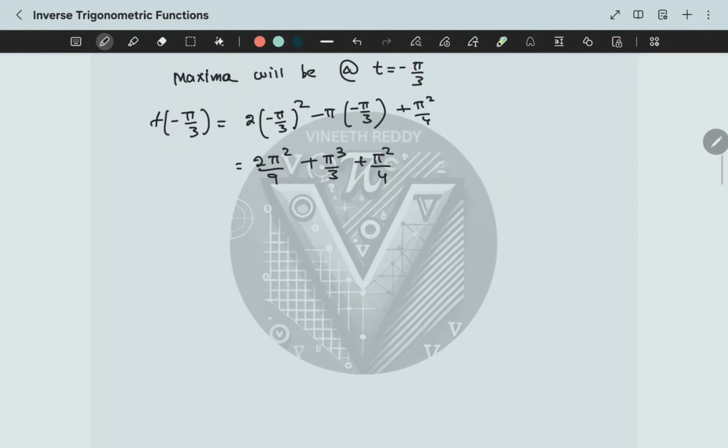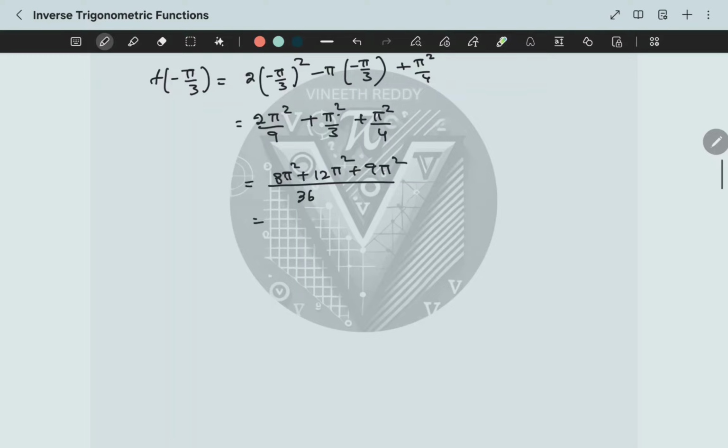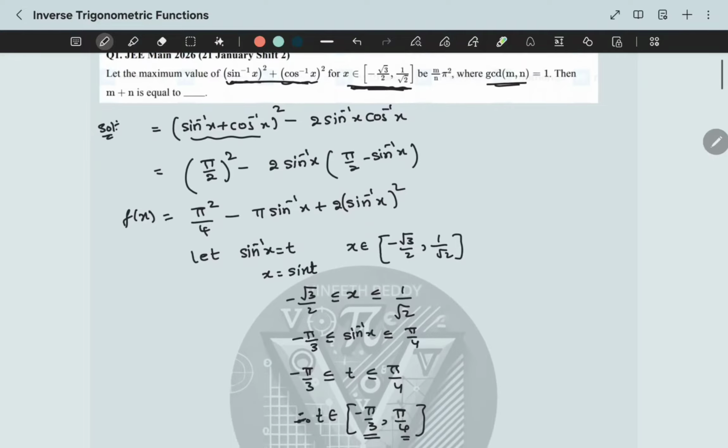The LCM should be 36. So here I get 8 pi square plus 12 pi square, sorry, and this is 9 pi square. Ultimately we get 20 plus 9, 29 pi square divided by 36. So this should be the maximum value.